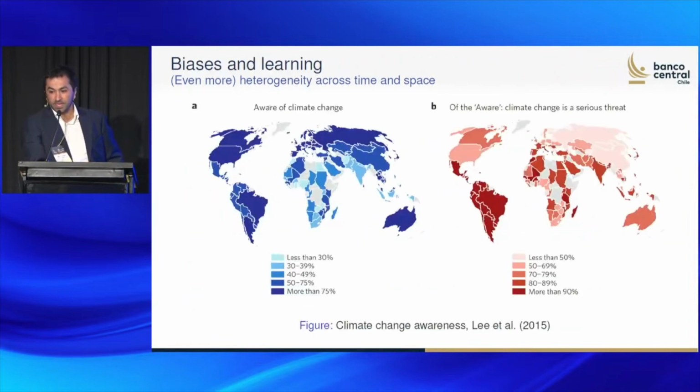Another kind of heterogeneity is related to biases and learning. So this is a nice map that I got from a paper from Lee and co-authors from 2015 that basically plots survey answers about the awareness of climate change.